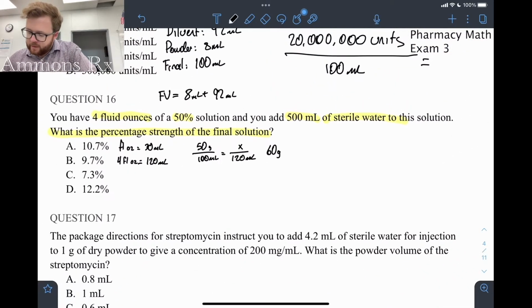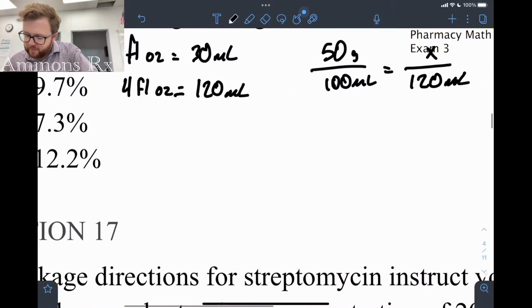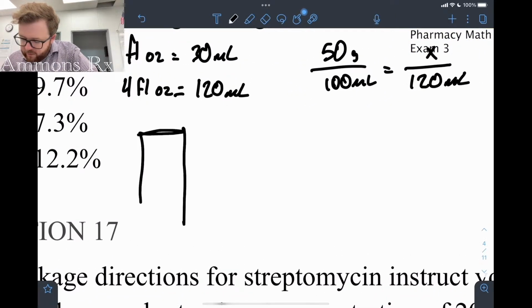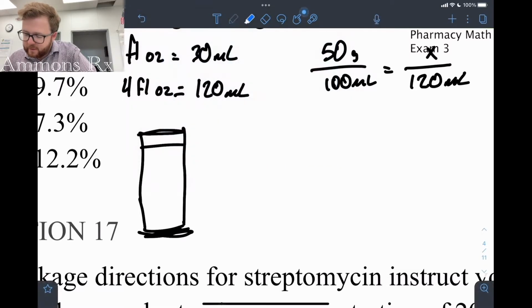Okay. So you add 500 mils of sterile water. So I'm going to draw this out because this one is a tricky one. I'm going to go ahead and write the amount in mils because we already converted it, because we know that this is 120 mils.